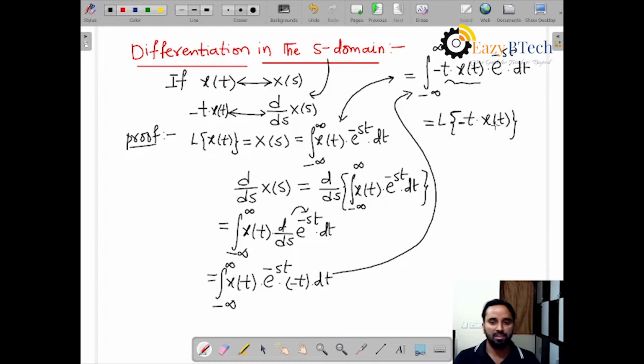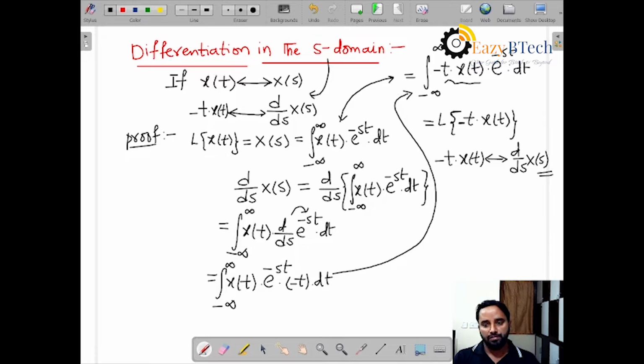Therefore, the right side is the Laplace transform of minus t x of t, and the left side is d by ds of X of s. So finally, the Laplace transform of minus t x of t is d by ds of X of s.